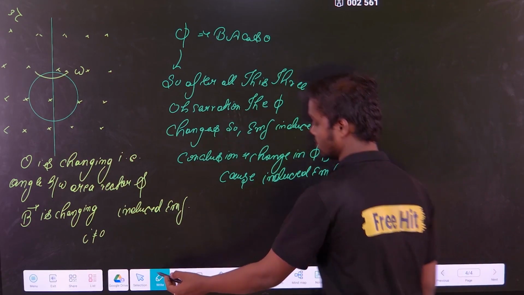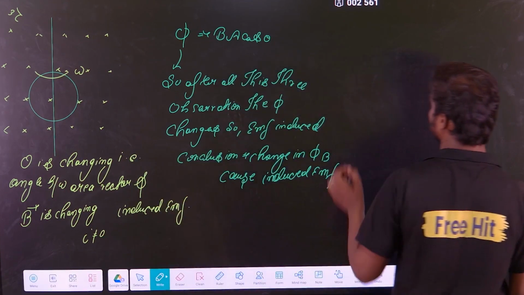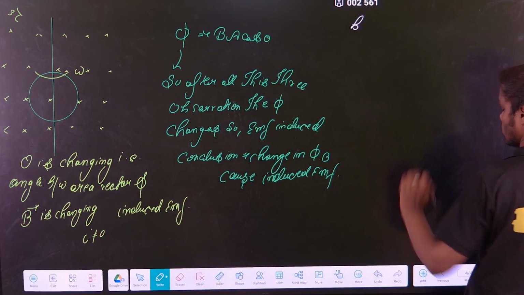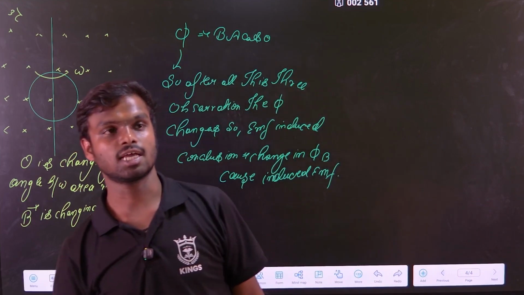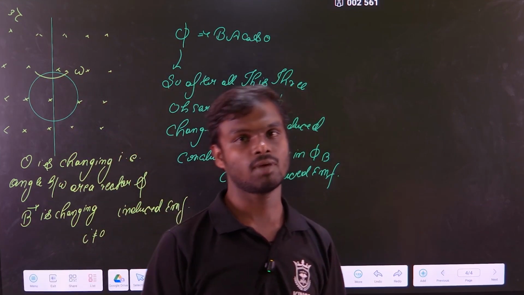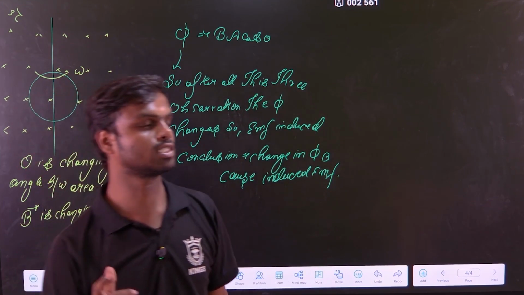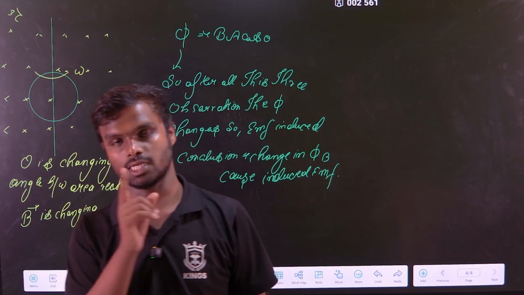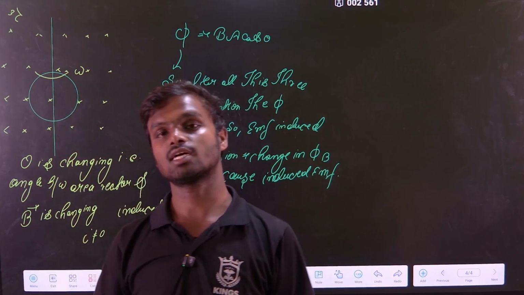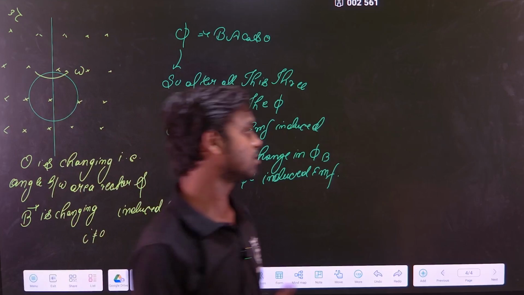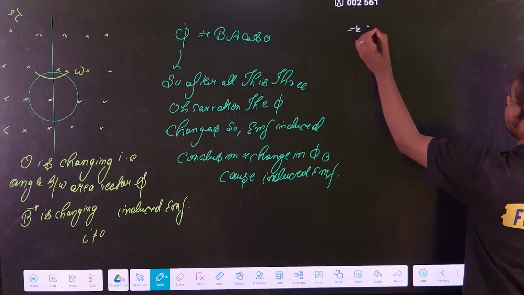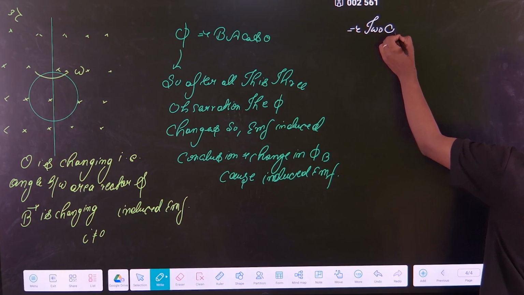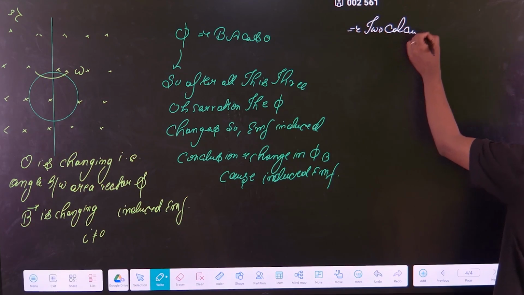And by Faraday, now we have two calculations. The first is the calculation of the magnitude of that current, or you can say of that voltage. The second is the calculation of the direction of the current. What are the two calculations?